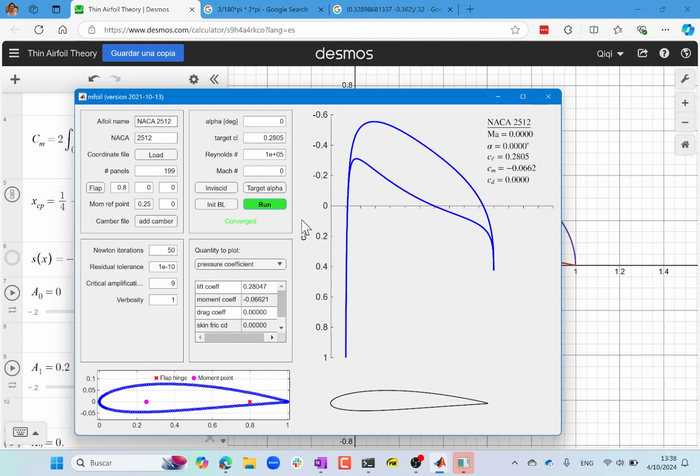So if this is half, if this is 50%, Cm needs to be what fraction of Cl? A quarter, actually minus a quarter, right?